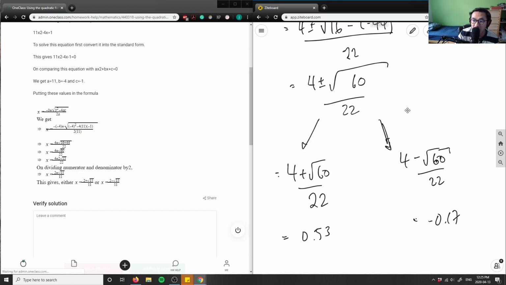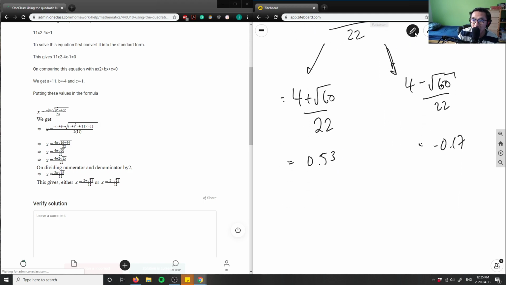They simplified this radical, root 60 as root 4 times root 15, so this gives us 4 plus minus 2 root 15 over 22.